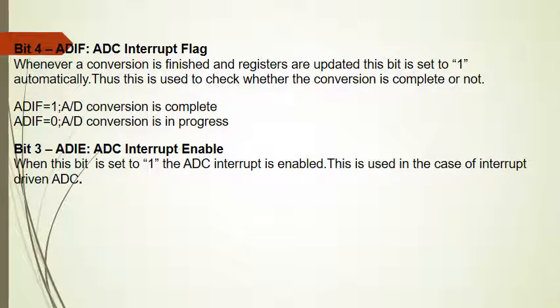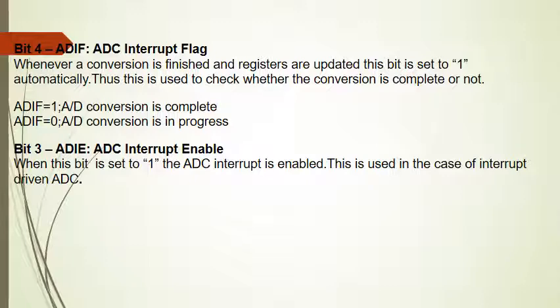Coming to the fourth bit, that is the ADC interrupt flag. What is important is, whenever a conversion is finished, and the data registers, high and low, are updated, this bit is automatically set to 1. So to check whether the conversion is done or not, we can check this bit.